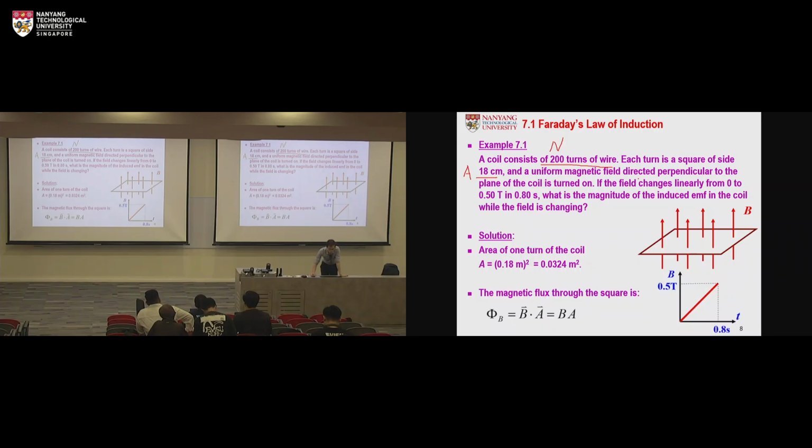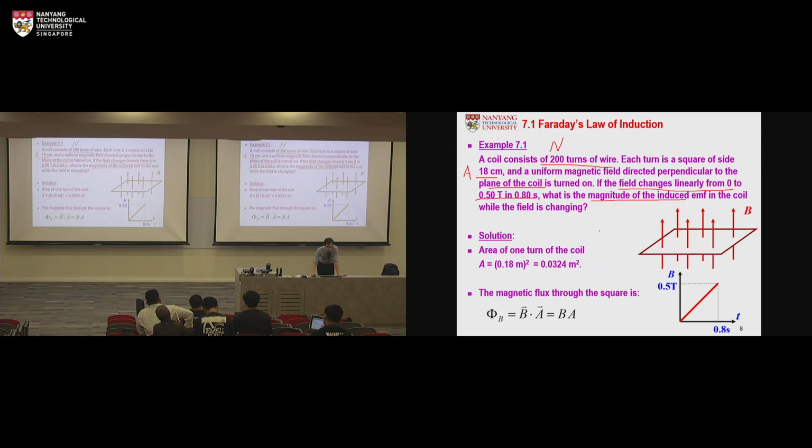And you have a uniform magnetic field directed perpendicular to the plane of the coil, and the magnetic field changes linearly from 0 to this finite value within this 0.8 second. It asks you to determine the magnitude of the induced EMF, right?